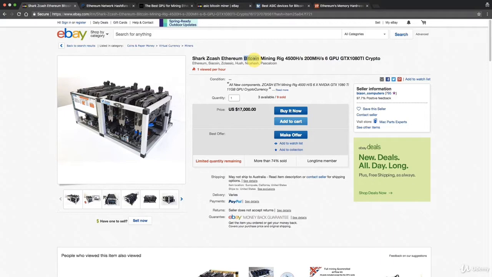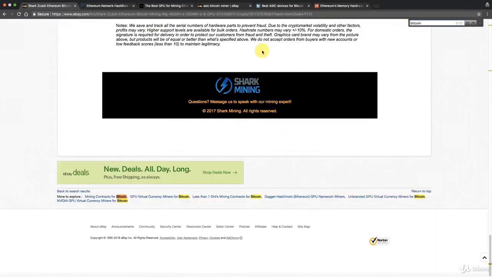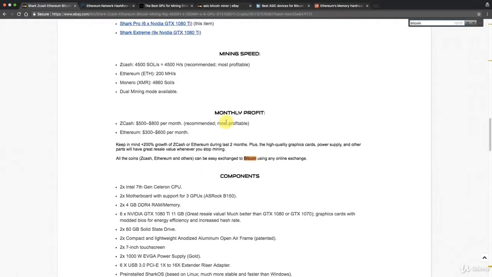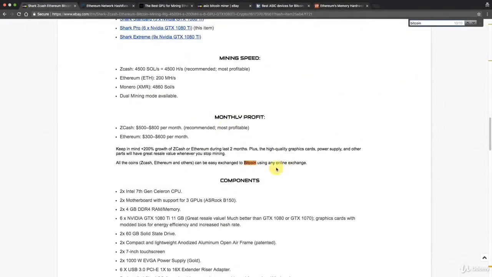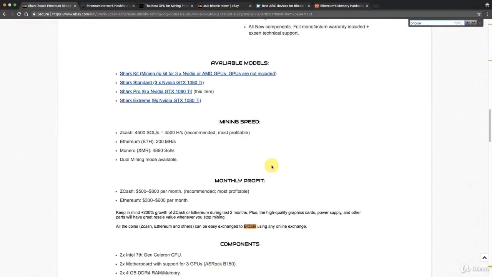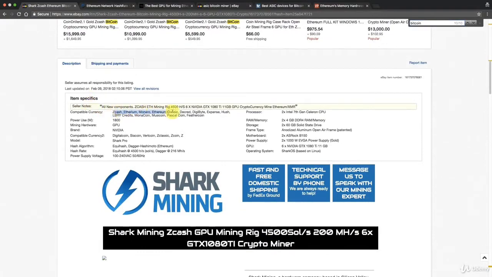So if you just search for Bitcoin on this page, let's do that, Control F, Bitcoin, you will see that there is nowhere to be seen, only in, where is that? Can be exchanged to Bitcoin. You see, that's their claim. But if you look at the compatible currencies, Bitcoin isn't actually here.